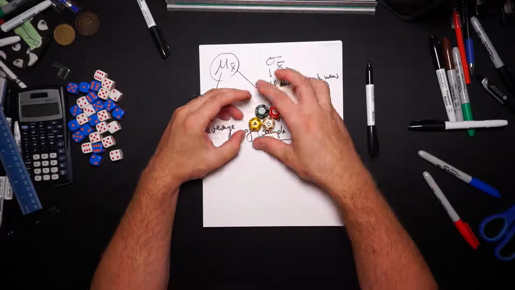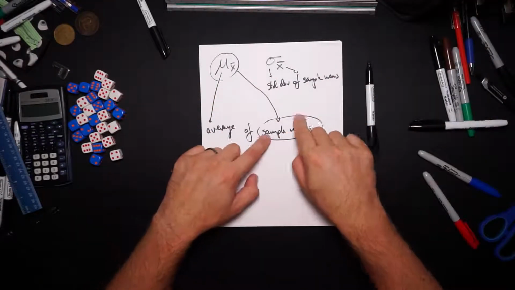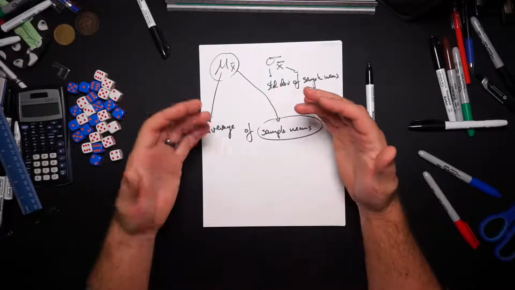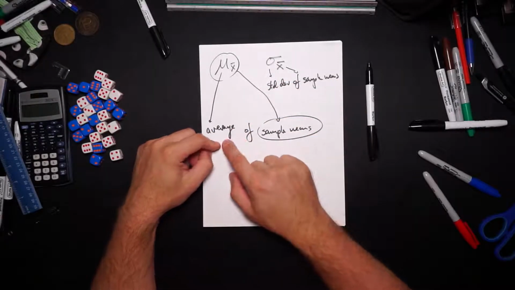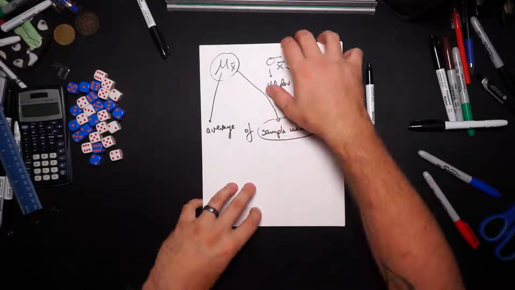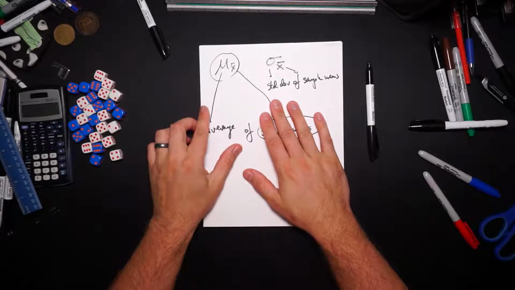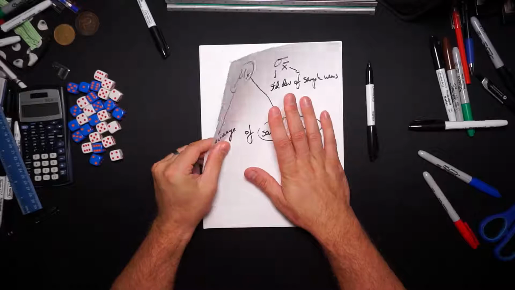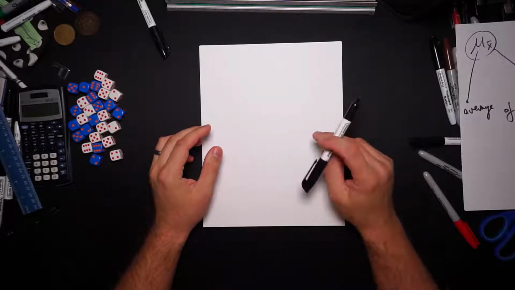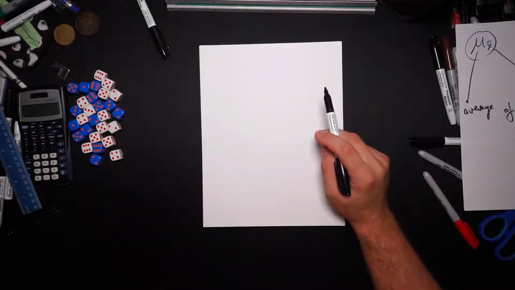Now, why would we want to take all those sample means, all of them, and then take an average of them? It seems counterproductive. But this is exactly what we're going to do in example 1, so just bear with me.